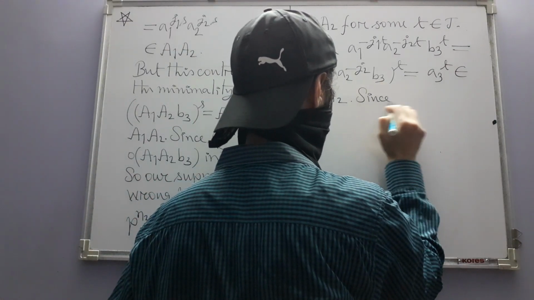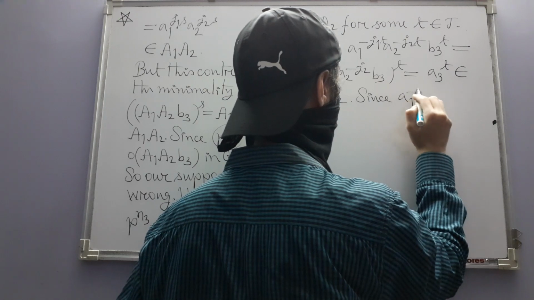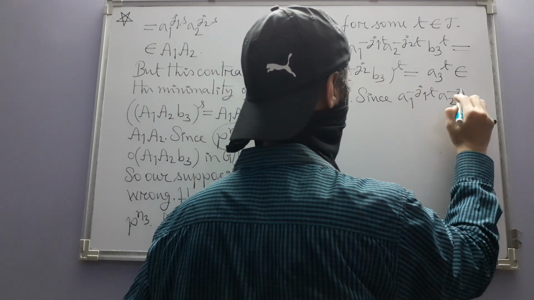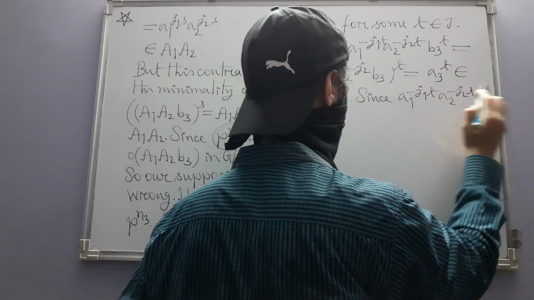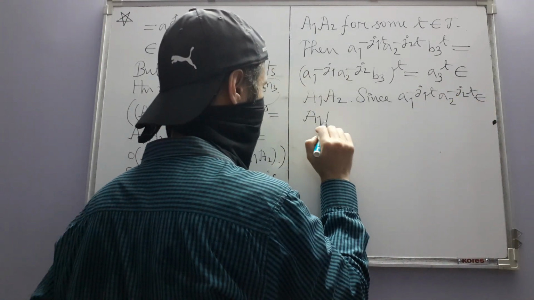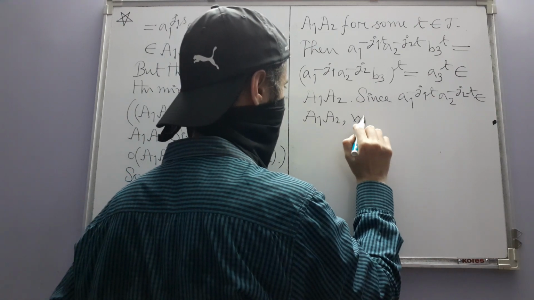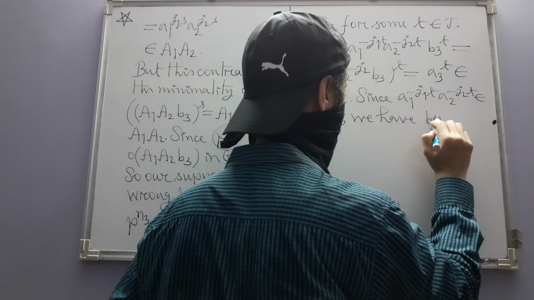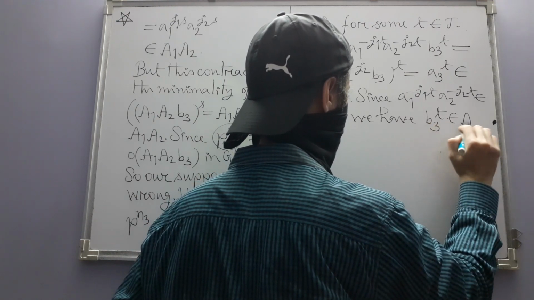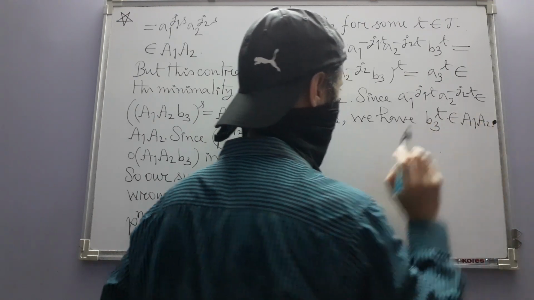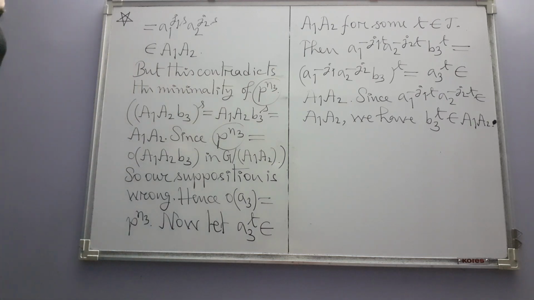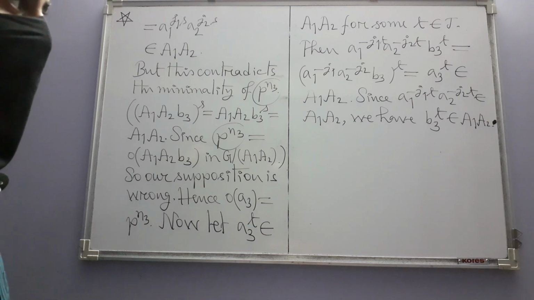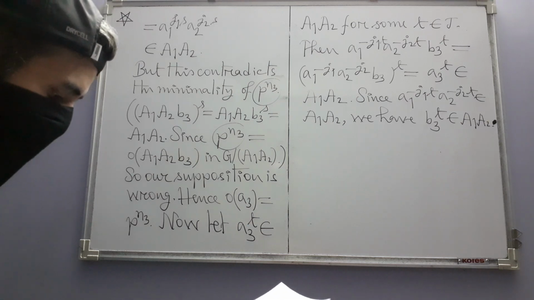Since, let's just write that also, minus J1T times A2 to the power minus J2T belongs to A1, A2, we thus have B3 to the power T in A1, A2.